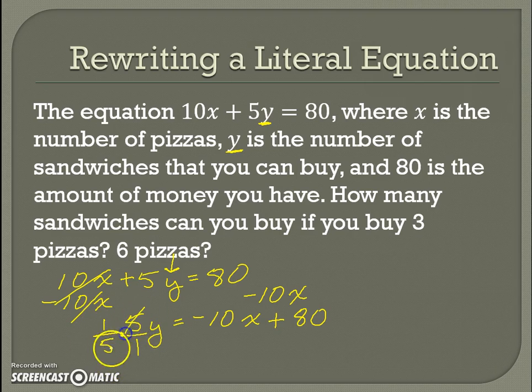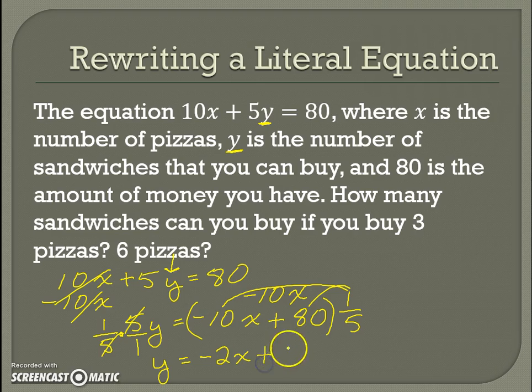These two 5s simplify and I'm left with y. If I multiply this side by 1/5, then I also have to multiply this side by 1/5. And I draw my rainbow. So here I'm left with y equals negative 2x plus 16.